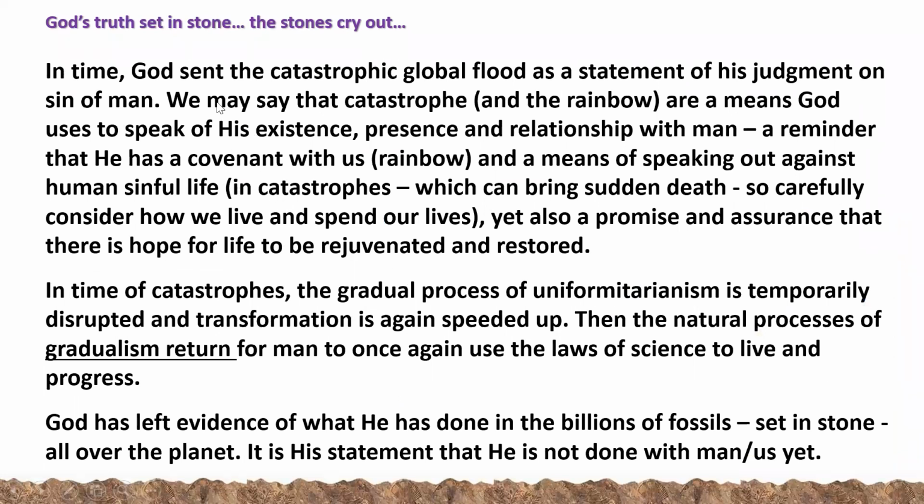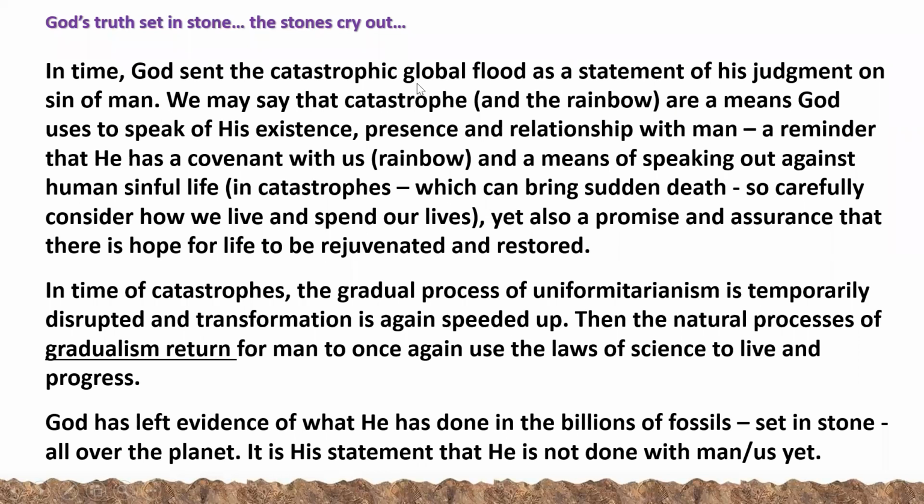So in time, after God let uniformitarianism take its place, God sent a catastrophic global flood as a statement of his judgment on man's sin. There's the flood of Noah. It is a statement of God's judgment.